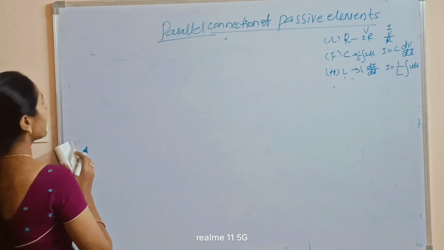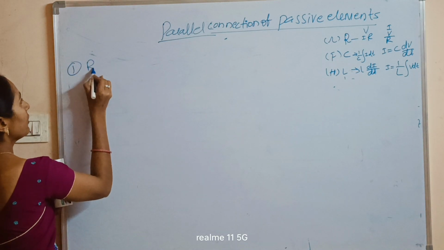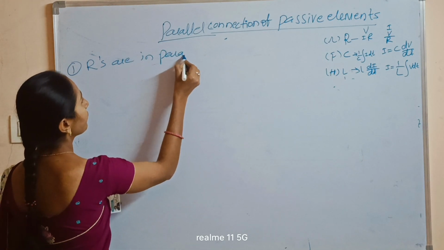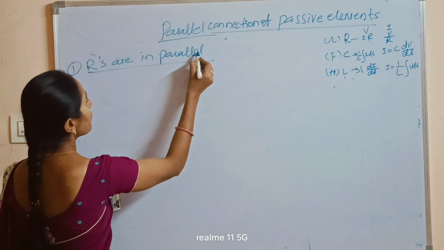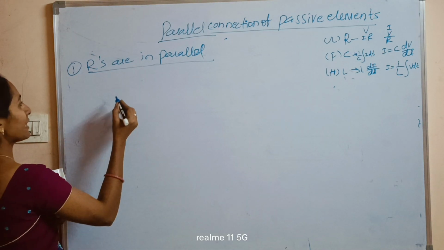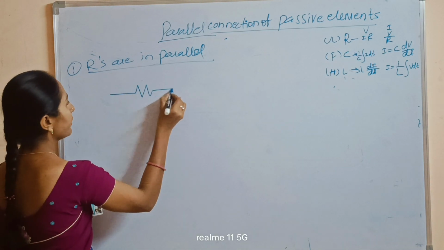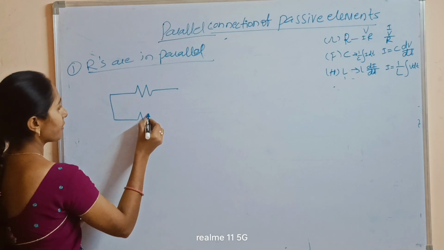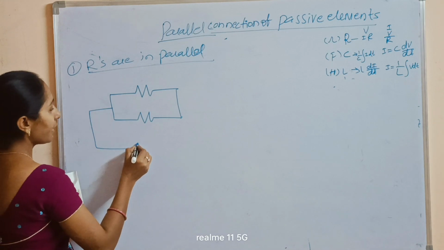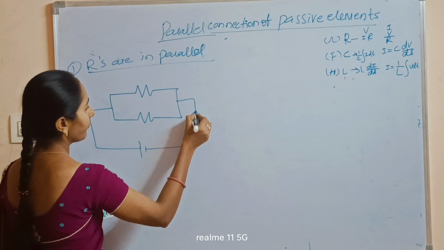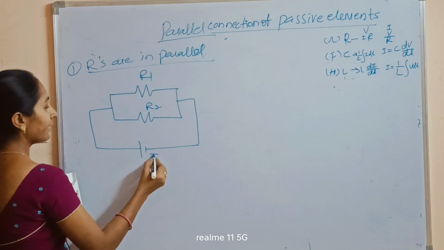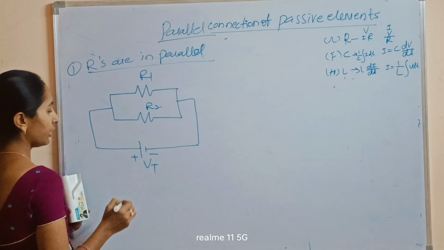So here the first consideration is resistors. Resistors are in parallel. I am considering two resistors here, R1 and R2. Now this is the supply I am giving, negative and positive, this is V total.